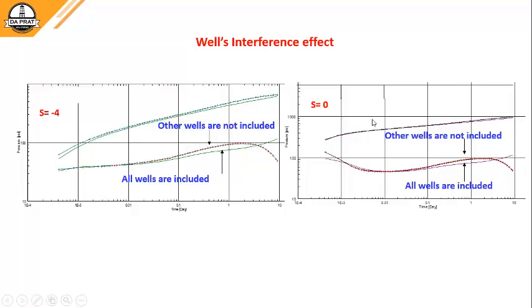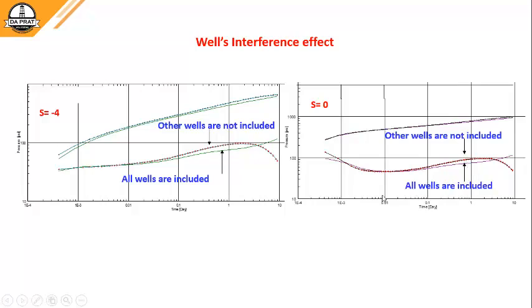Similar here, this is for the case where we have a negative skin, the last fall-off, where this is going to be the tendency. And here for damage equals 0, which is the first fall-off, you can see also that the tendency here is not going to be obtained if you include the other wells, which is reality.